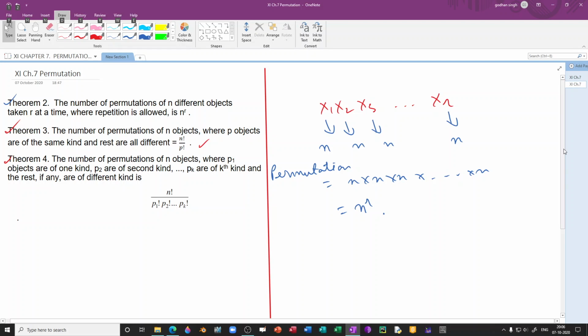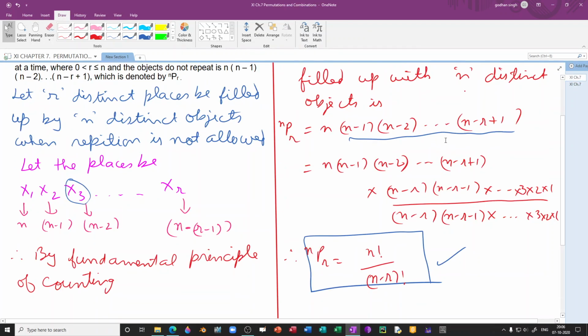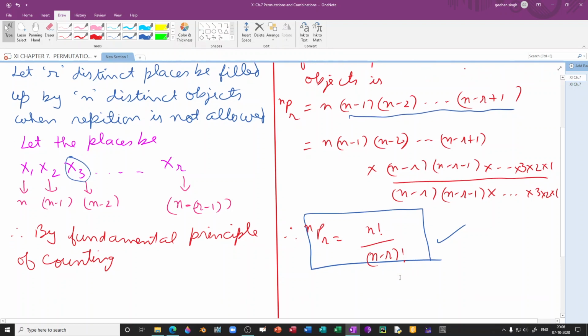Now we'll see the logic behind 0 factorial equal to 1. For that we'll have to move back, and here we have the formula of nPr. nPr stands for the arrangement of n distinct objects at r distinct places when repetition is not allowed.